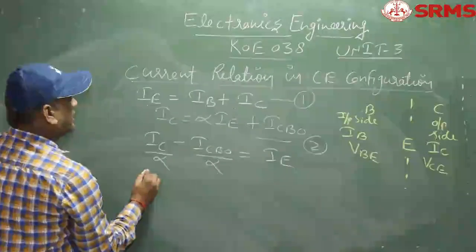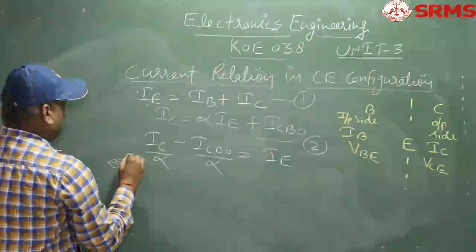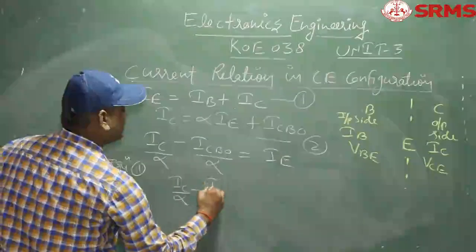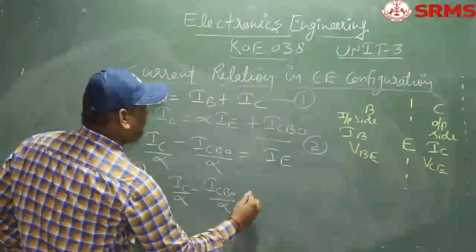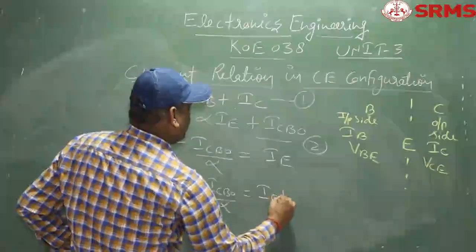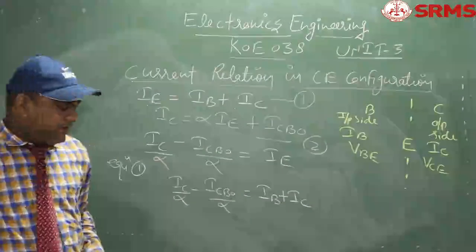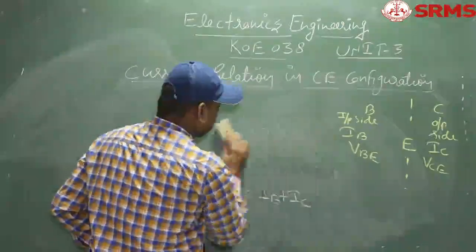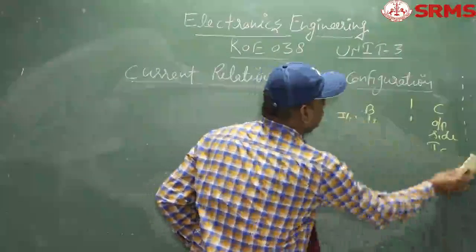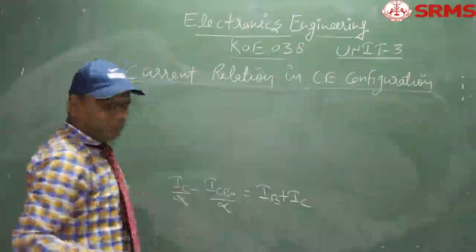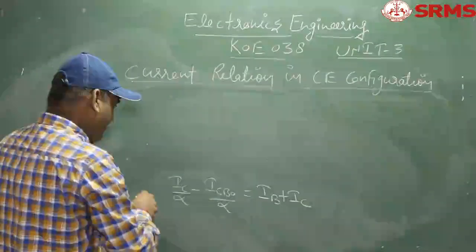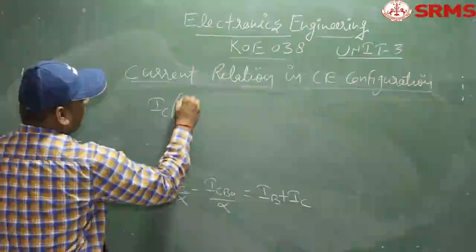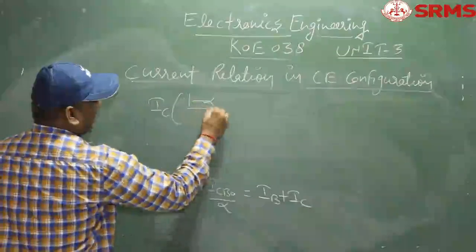So in equation 1, if you put this value, IC divided by alpha minus ICBO divided by alpha is equal to IB plus IC. Now if you rearrange this equation, what we are getting is IC divided by alpha and this is IC, so IC is made common, and here we have (1 minus alpha) divided by alpha.